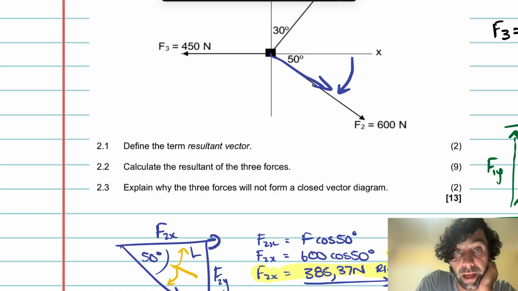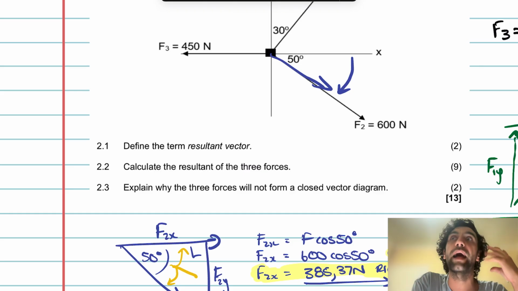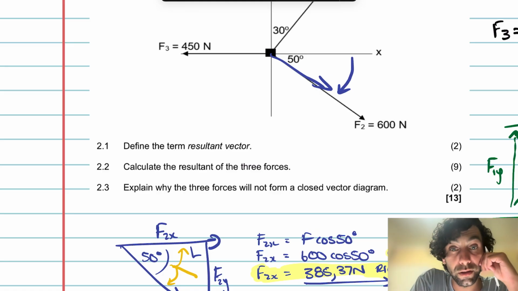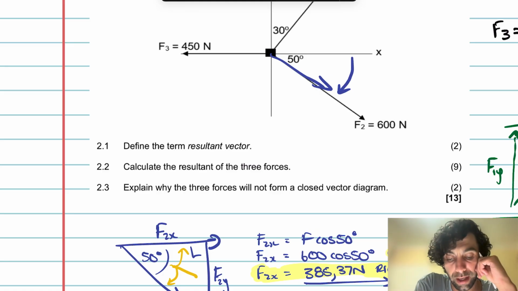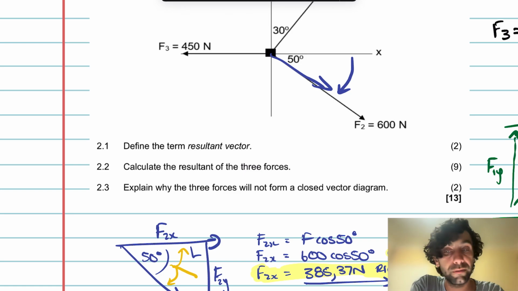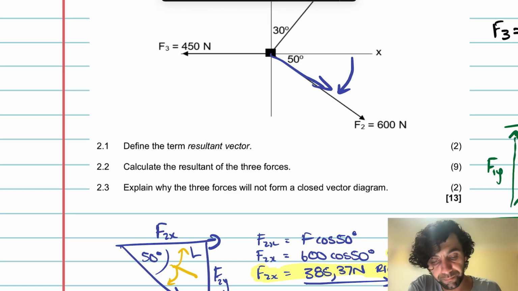In this case, we have a resultant force acting on the crate, which means that that crate is going to be accelerating in some direction. And because of that, we can't draw a closed vector diagram. The system is not in equilibrium, okay? There is a net force acting on the crate. In the memo, it says the resultant force is not equal to 0.